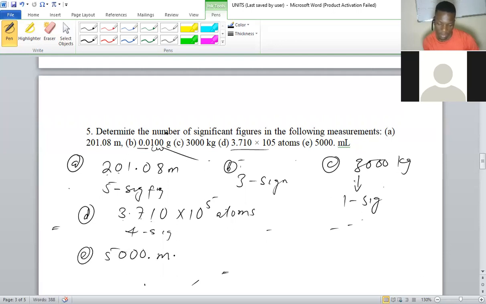That shows you that the zeros you have before that point are significant. So you're going to say that you have 4 significant figures. Even these zeros are significant because of that point that is there.